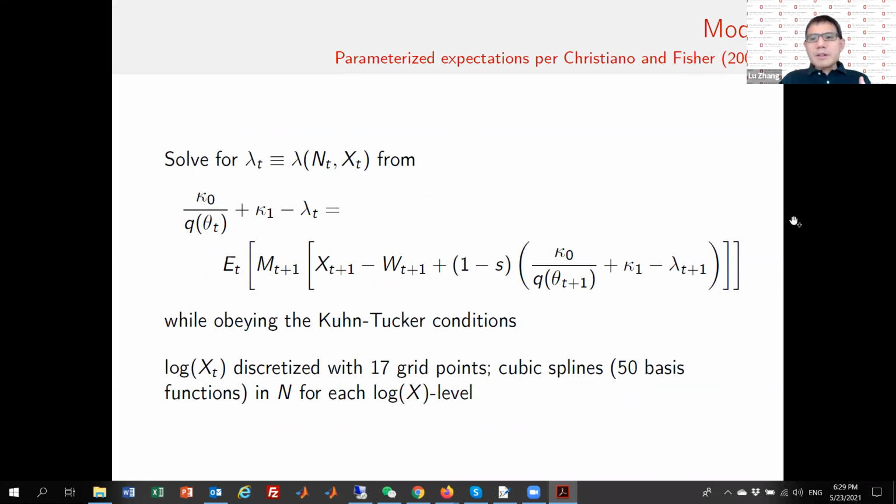So we solved the model using a globally nonlinear projection method with parameterized expectations, following the idea of Christiano and Fisher 2000 JEDC paper. So basically we need to solve the vacancy function while obeying the Kuhn-Tucker condition.